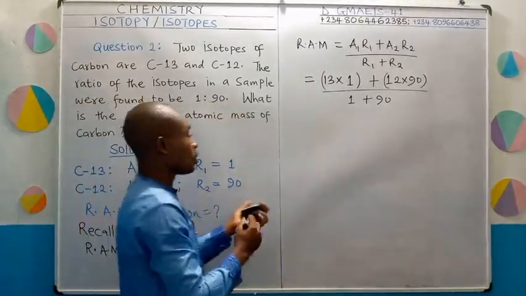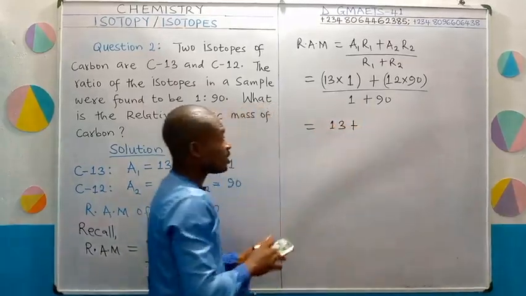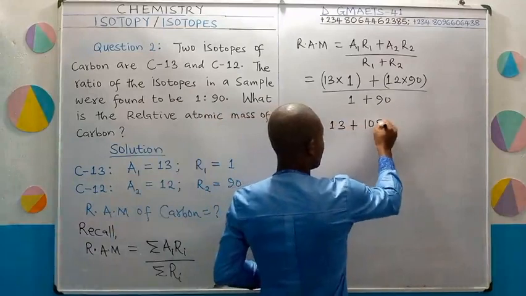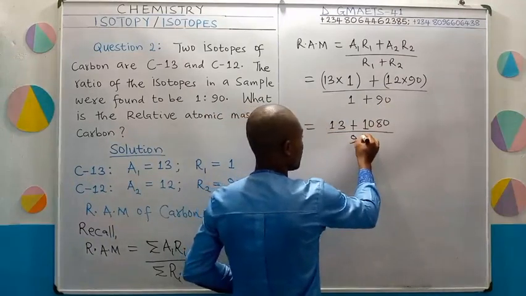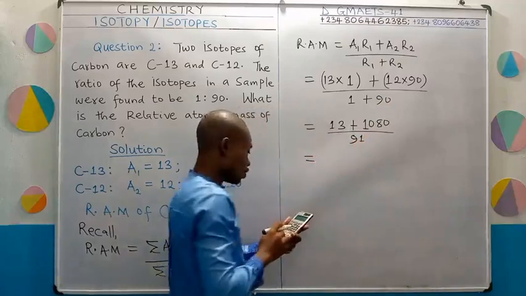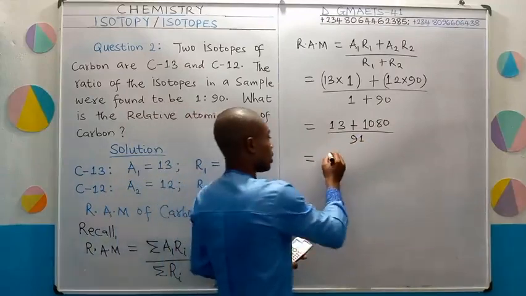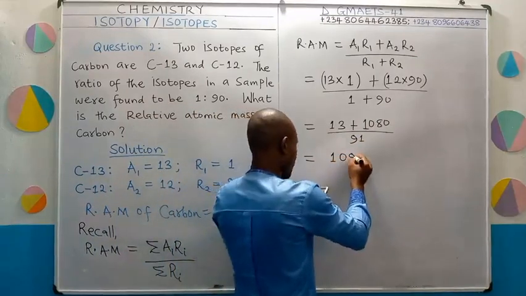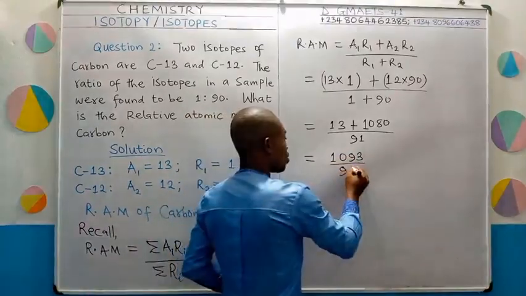13 times 1 is equal to 13. So this is equal to 13 plus 12 times 90, 1080. So this is going to be divided by 1 plus 90, which is 91. So this is equal to 1080, add 13 to it, you get 1093. We're going to divide this by 91.